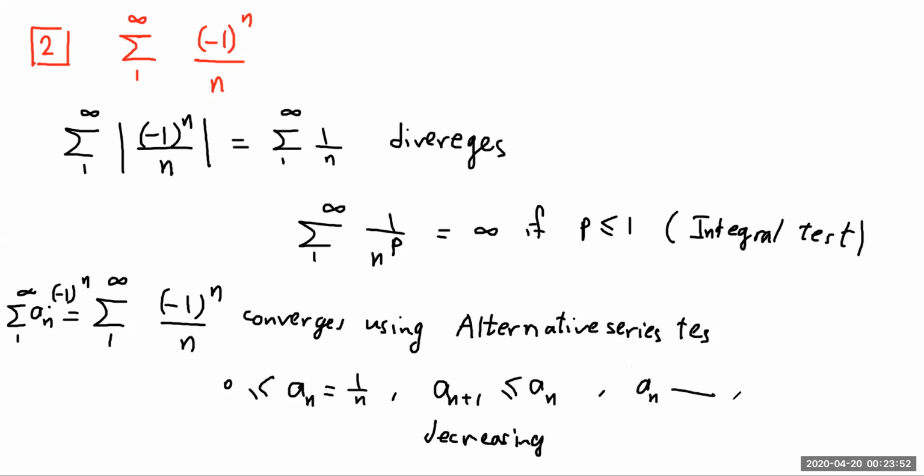Also an approaches 0 when n goes to infinity, and this is correct. So because of this, this series converges. So finally, because it converges, but in absolute value diverges, the final answer is that it converges conditionally.